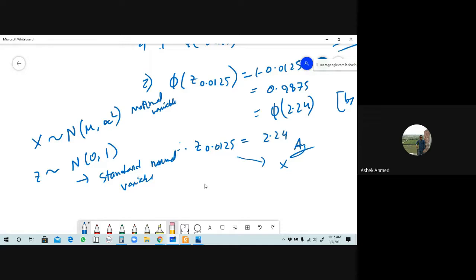So one is a standard normal variable, one is a normal variable. Now see, x is a normal variable of which mean is mu and variance is sigma squared, but z is the standard normal variable of which mean is 0 and variance is 1.